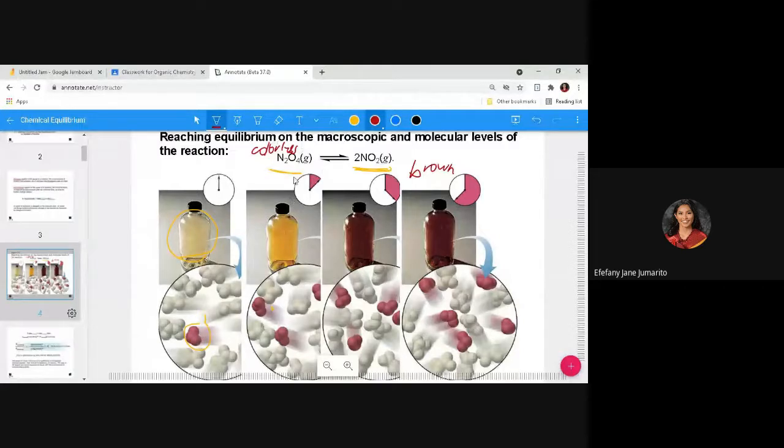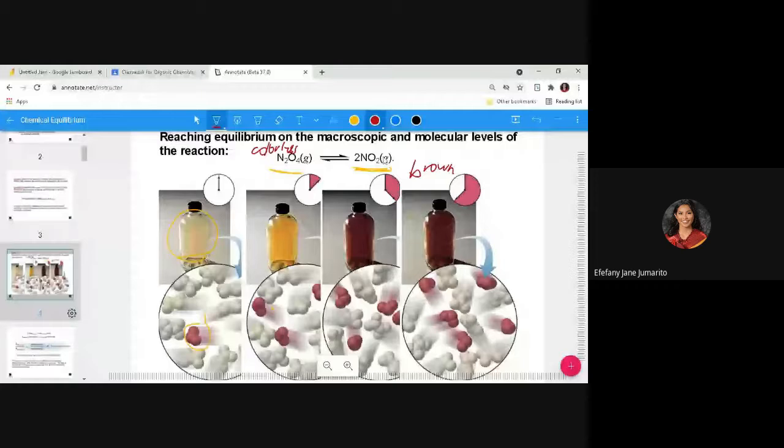N2O4, okay, we have colorless. So if we add more NO2, as you can see class, it becomes browner. The color changes. And then look at the third container. In the third container, it becomes even browner because the concentration of our NO2 has increased.